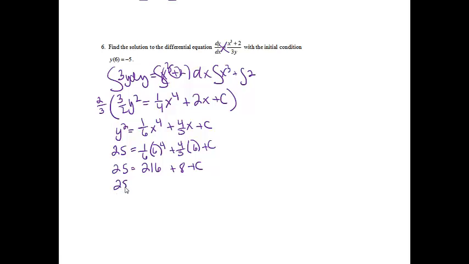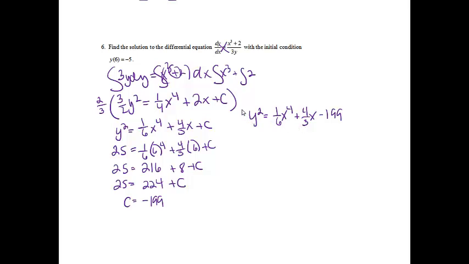So I'm going to get 25 equals 224 plus c, and so c, if I subtract 224 from both sides, I'll get negative 199. So now I have y squared equals 1/6 x to the 4th plus 4/3 x minus 199.